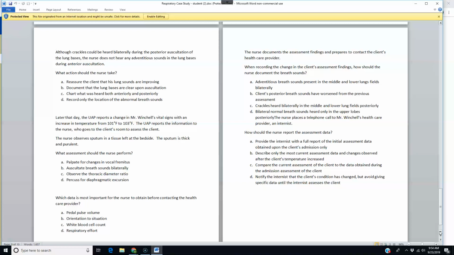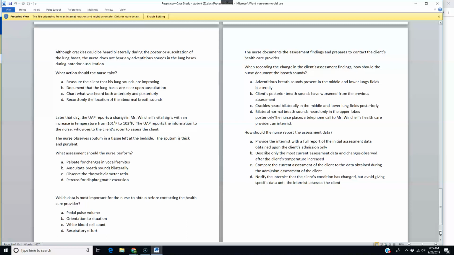We heard them in the bases and now they're in the middle lobes. This is serious. The patient is really developing respiratory distress because he has increased fluid in his lungs, okay? So we would probably get a chest x-ray, maybe change his oxygen, do ABGs, and maybe give him diuretics or whatever. I don't know for sure what's already been ordered for the patient.